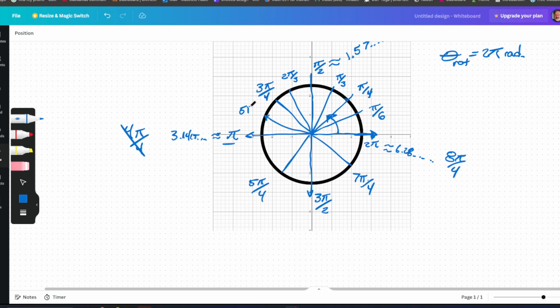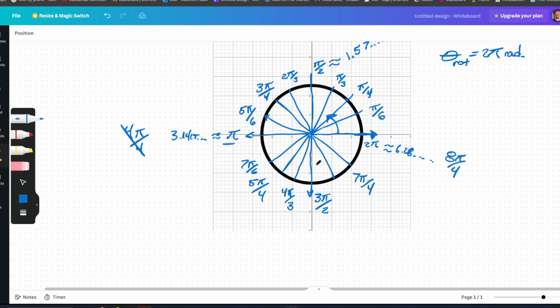5 pi over 6, which doesn't reduce, so we leave it. 6 pi over 6 reduces to pi. 7 pi over 6. 8 pi over 6, which reduces to 4 pi over 3.